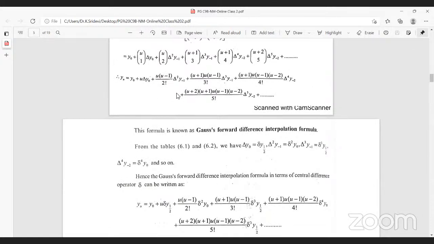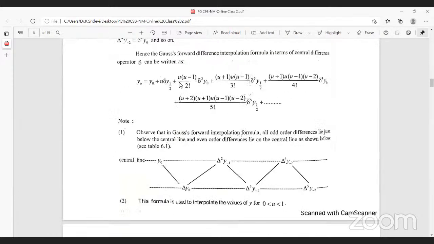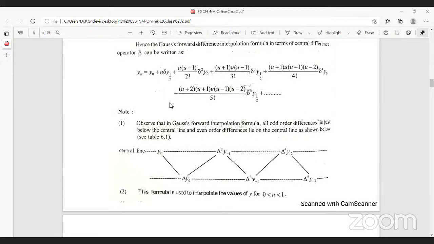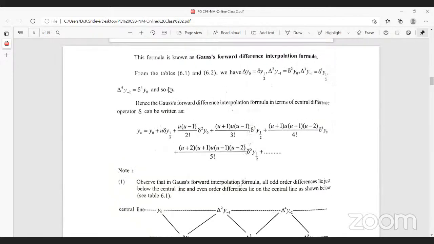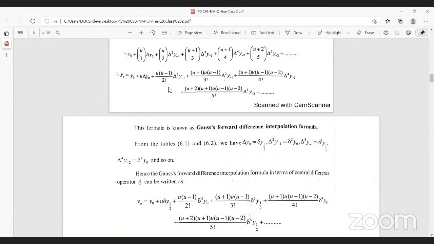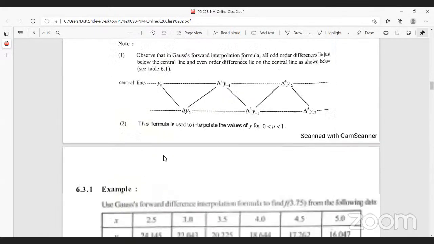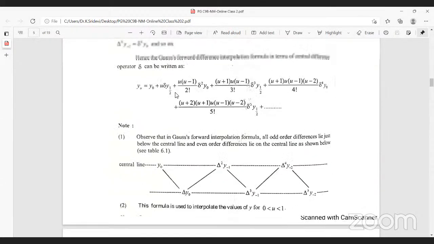From both the tables, we can convert these forward differences into the central difference operator, like this. What is delta Y naught? If you compare both tables, in place of delta Y naught you can take delta Y minus 2.